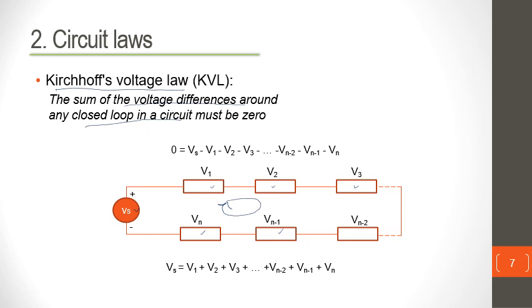Now what the KVL says is that the sum of the voltages around this closed loop circuit has to be 0. So what it simply means is that the positive voltage here, the supply voltage, minus all of these other voltages, V1, V2, V3, V4, V5, V6, and so on up to Vn, has to be 0. So this is the first way of expressing the KVL.